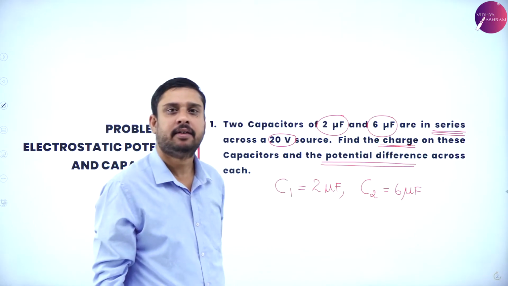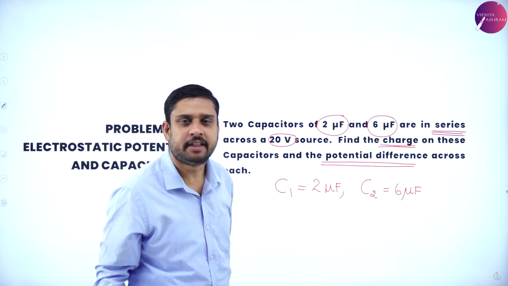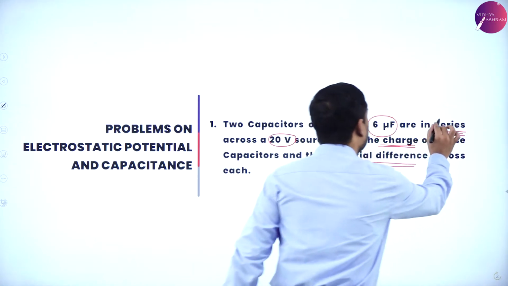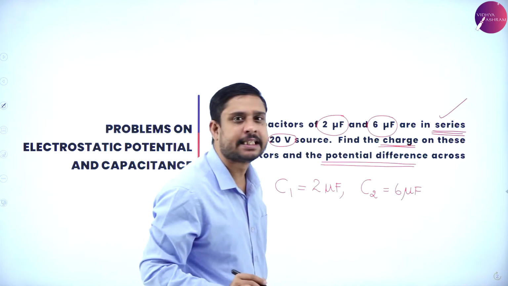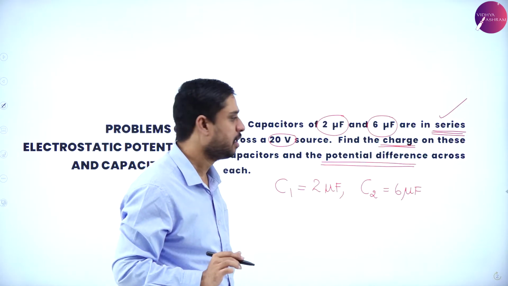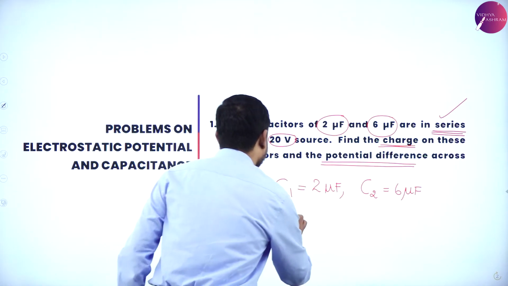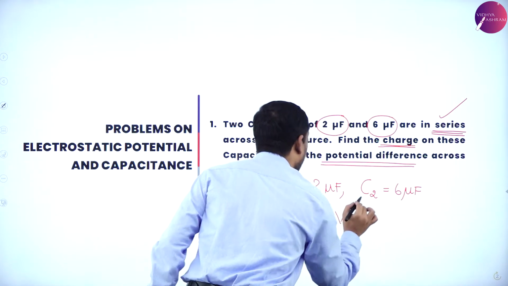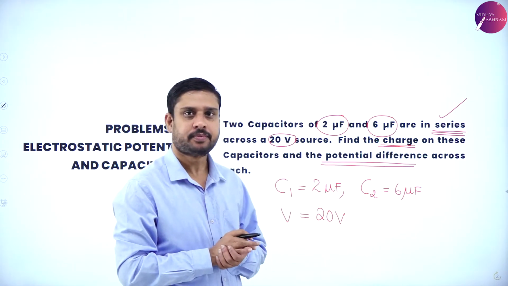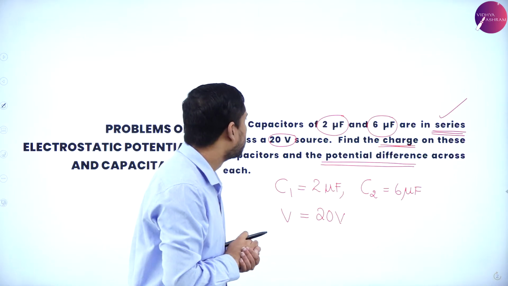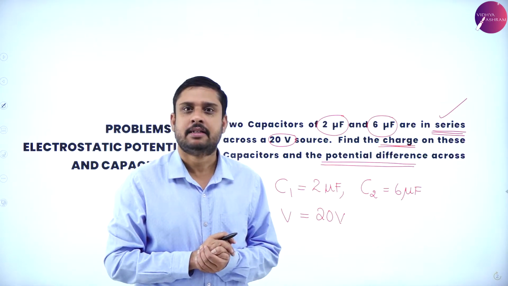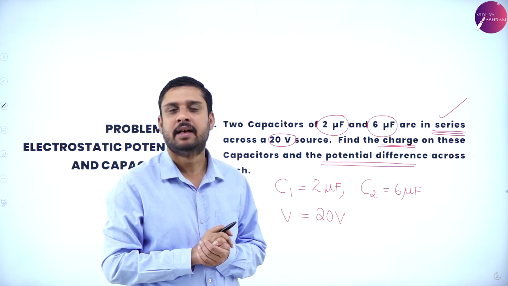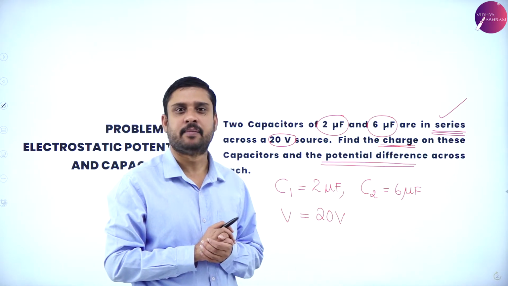Again, I say a key word to analyze this problem is both of them are connected in series and they are connected across a 20-volt source. You have to find the charge on these capacitors and the potential difference.